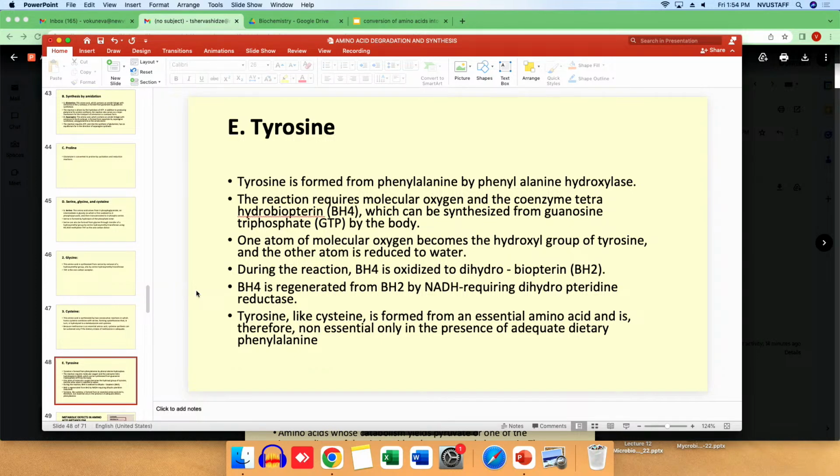But this step requires oxygen plus requires tetrahydrobiopterin. This tetrahydrobiopterin has something special about it. We need to synthesize tetrahydrobiopterin from guanosine triphosphate. But if we do not have tetrahydrobiopterin, then enzyme itself, phenylalanine hydroxylase, will not work.